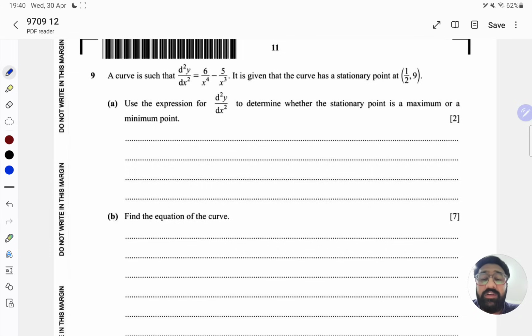Use the expression for the double derivative to determine whether the stationary point is maximum or minimum. For finding the nature of the stationary point, we use the double derivative, d squared y over dx squared, and we just need to substitute the x value of the stationary point.